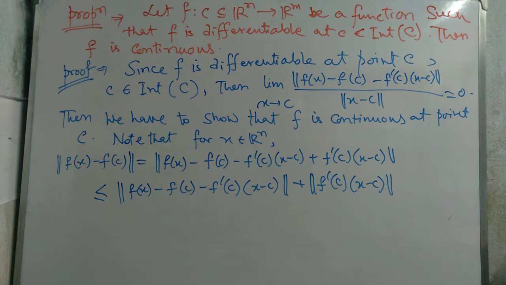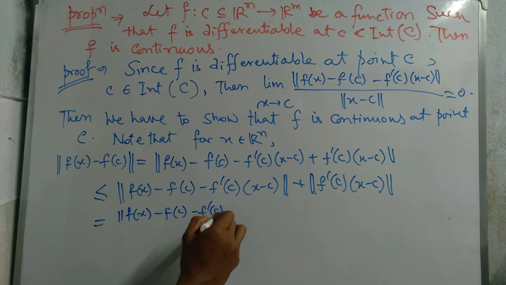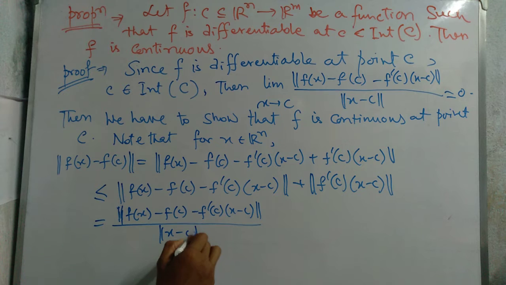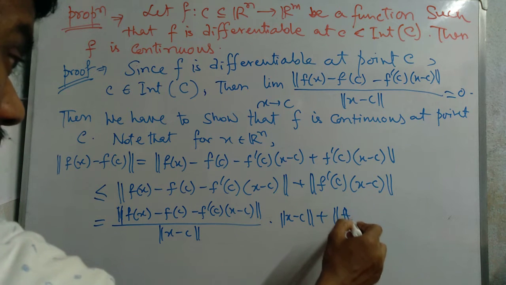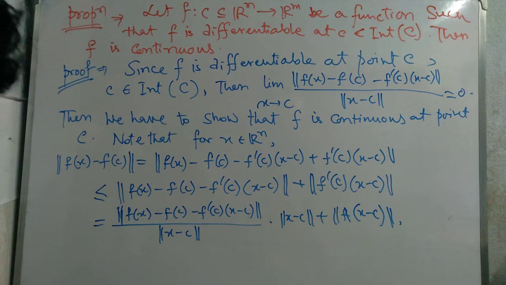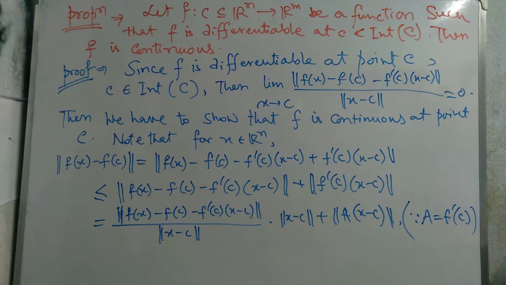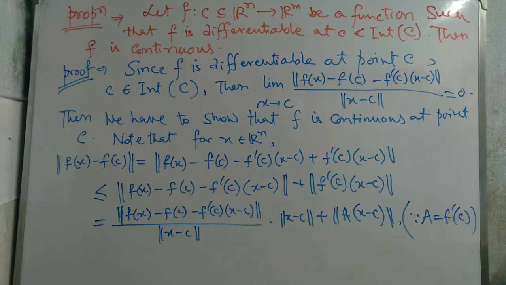Now we write A equal to f'(c). Then this equals norm of f(x) minus f(c) minus f'(c)(x minus c), multiplied by norm of x minus c, plus norm of A(x minus c), where A equals f'(c). Then the limit as x tends to c of f(x) equals f(c).